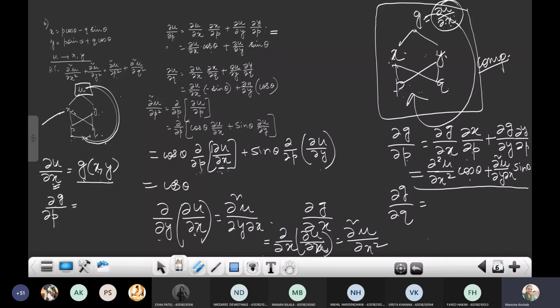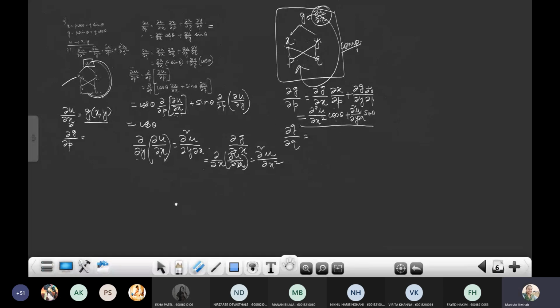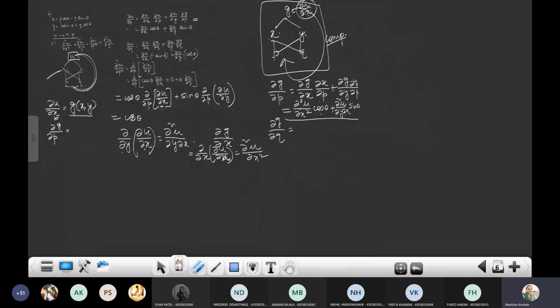So now what we can do? So now we can write. So now let us come to this. So what we have got: ∂²U/∂P² is equal to, let me start from here, cos theta into, now ∂/∂P of ∂U/∂X, what can I write?